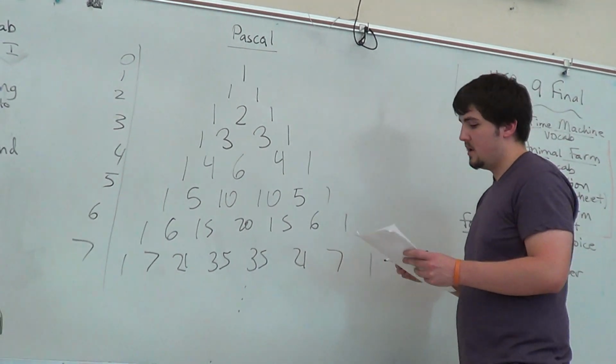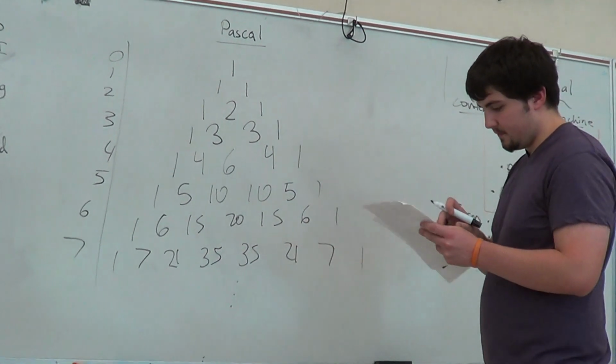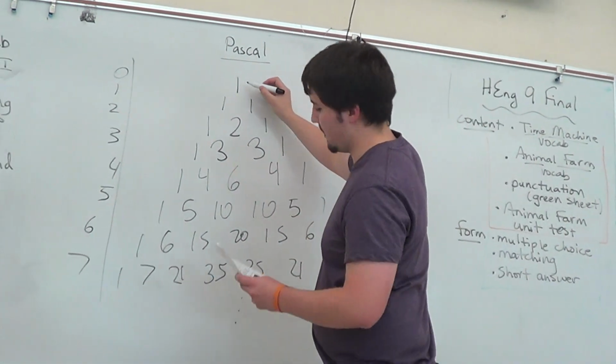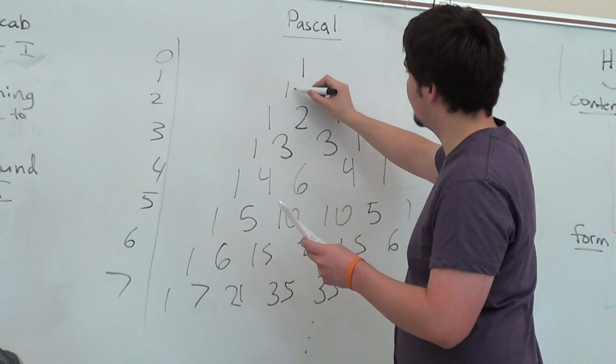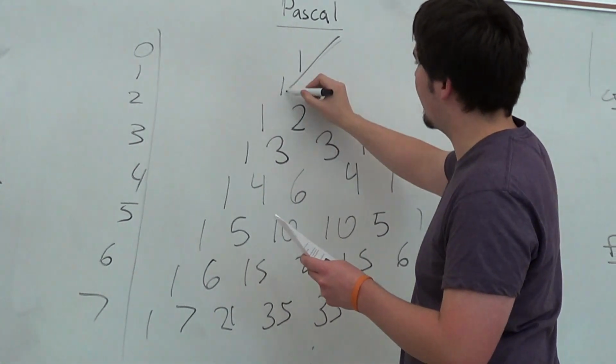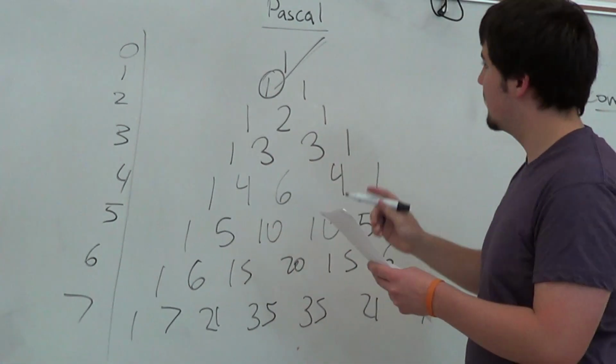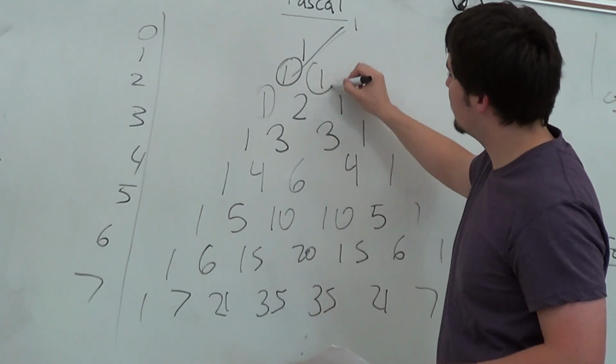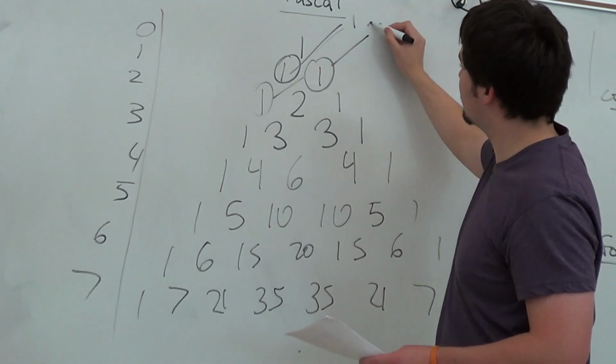Now, where does 5 show up? It does show up on the diagonals. So if we go down this diagonal, which is just 1, and you add it, it's going to be 1. This is 2.